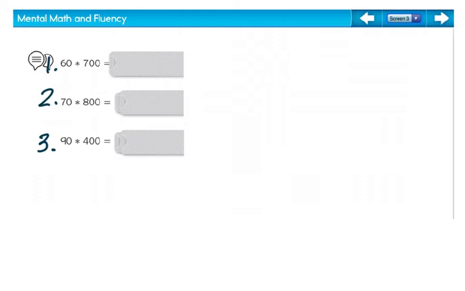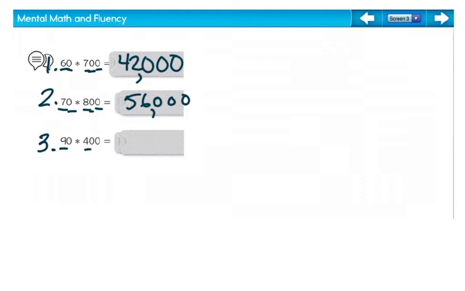Number 1, 6 times 7 is 42, and then I count 1, 2, 3 zeros. 7 times 8 is 56 with 1, 2, 3 zeros. And lastly, 9 times 4 is 36 with 1, 2, 3 zeros.